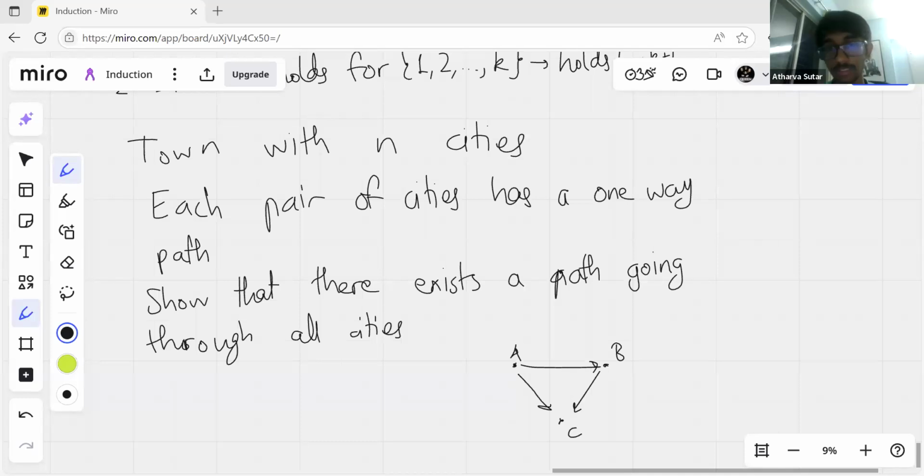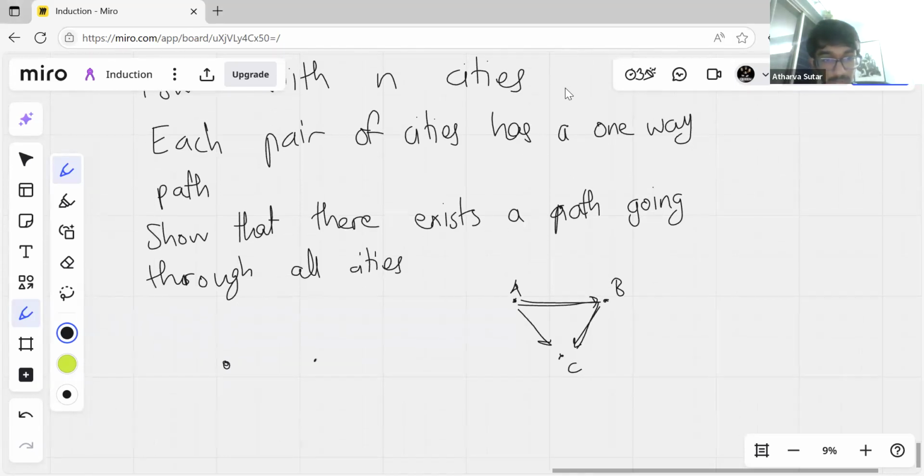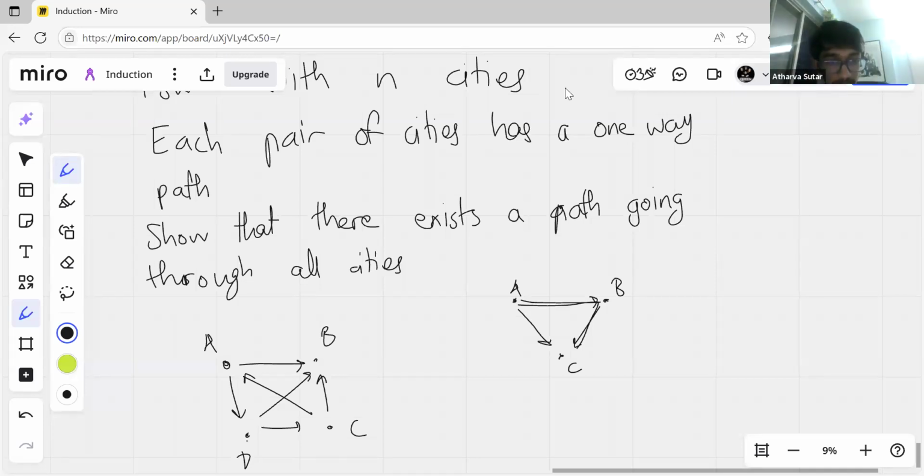A path going through all cities means, in the example that I've written here, there is a path going from A to B and then to C, right? For a larger example, you have A, B, C, D, and these one-way paths. Here you can see that there is a path going from D to C to A to B. So it's a path going through all cities.